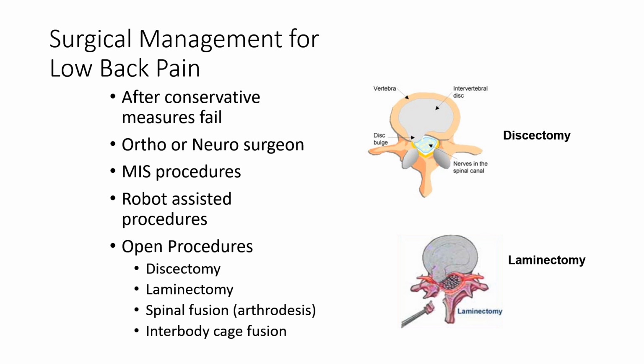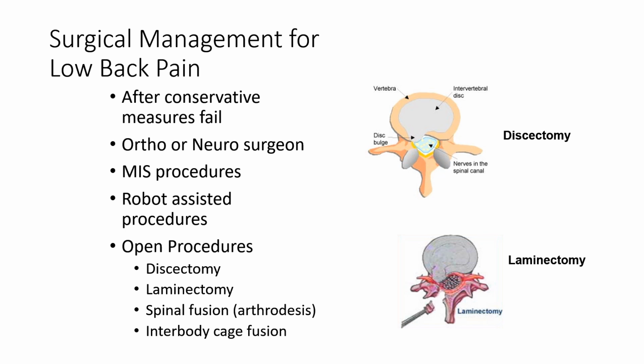The first one is a discectomy. This is the partial or complete removal of a herniated intervertebral disc, and you can see in the top picture where the intervertebral disc is bulging at the bottom and how it is pressing on the nerve in the spinal canal.